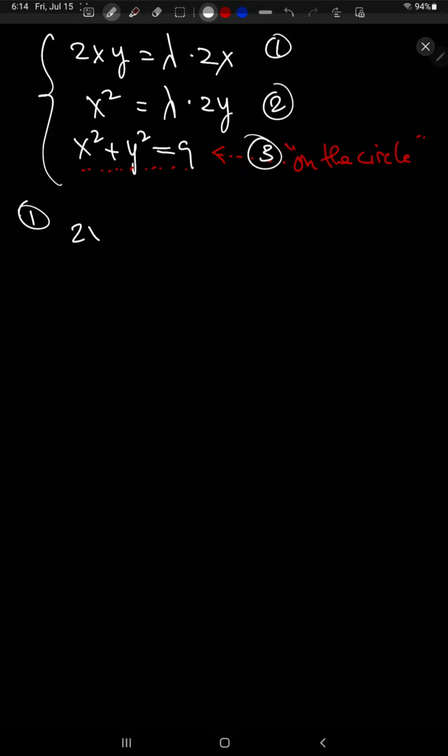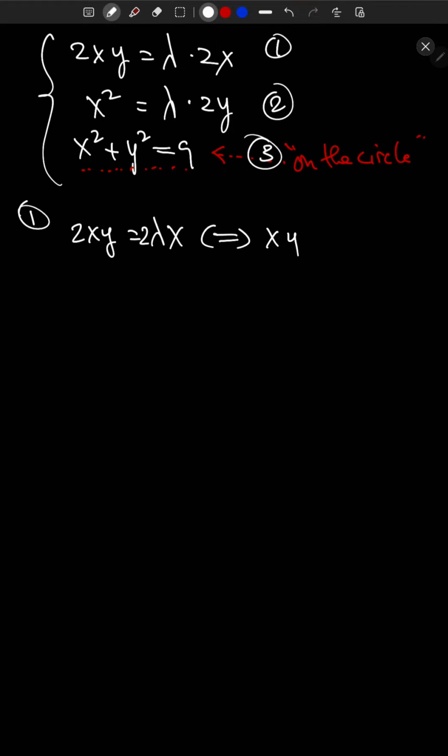Okay, so what does number 1 say? Number 1 says 2xy equals 2 lambda times x. All right, let me simplify that. Let's get rid of the 2's. That's xy is equal to lambda x. Okay, so here's a pitfall. Very frequently, people will just say, okay, cancel the x's. That means y is equal to lambda, right?